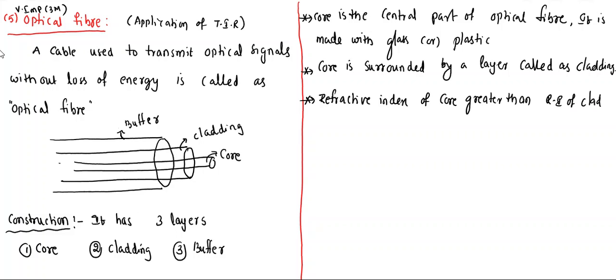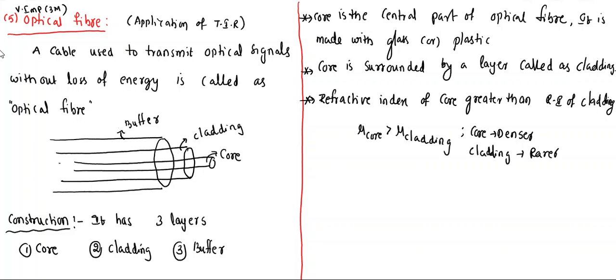You have to select the material of the core and cladding in such a way that the refractive index of core is greater than the refractive index of cladding. Then core will act as a denser medium, and cladding will act as a rarer medium.